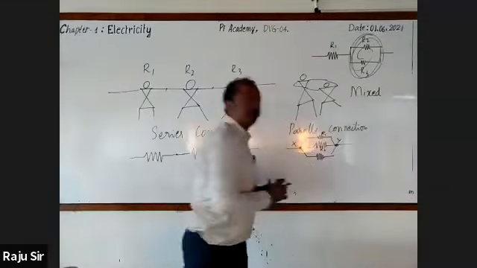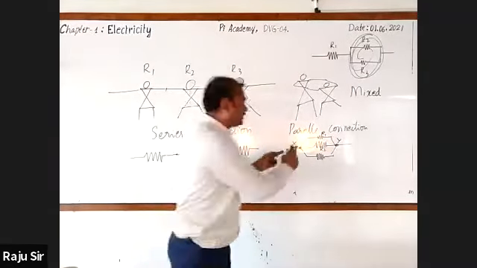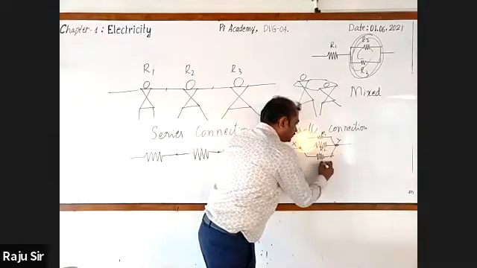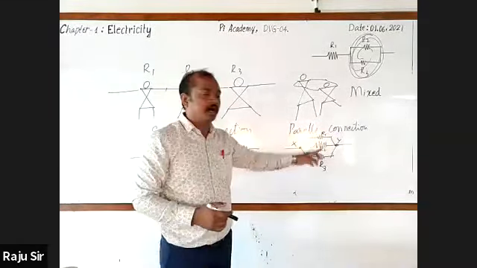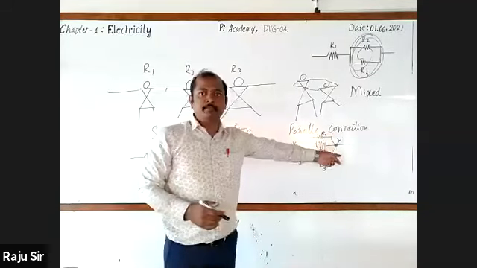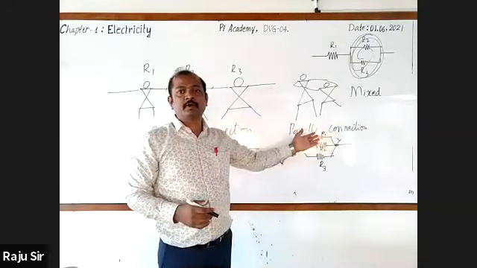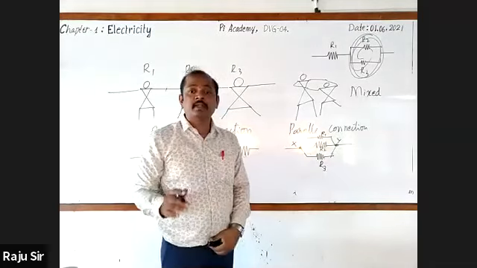Between the same 2 points, connect another one, R2. Between the same 2 points X and Y, connect one more, R3. See here, all the 3 resistors are connected between the same 2 points, and we call this type of connection parallel connection.